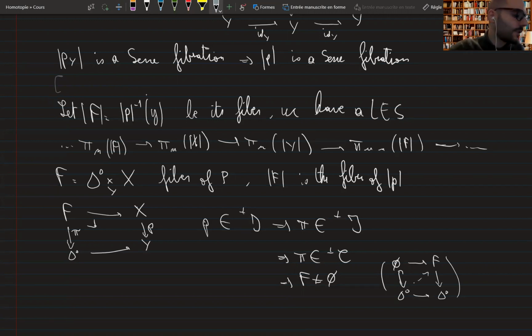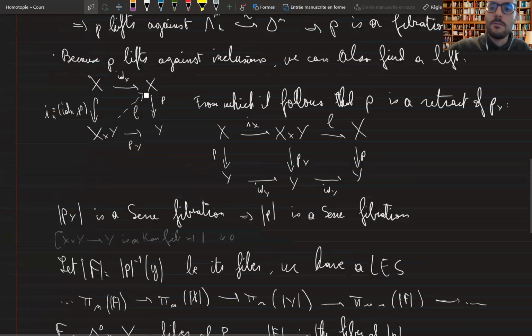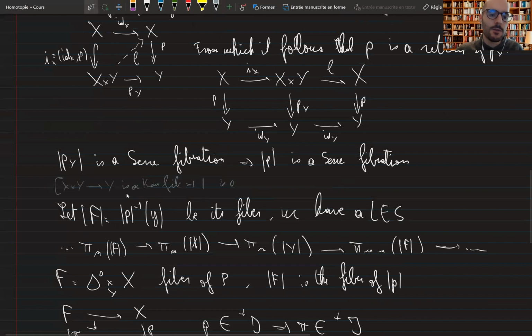I'm going to need it a little bit later, but now I realize I actually need it earlier than I thought. This is a Kan fibration, and therefore the geometric realization is a Serre fibration. We can use the theorem at this point: the geometric realization of a Kan fibration is a Serre fibration.